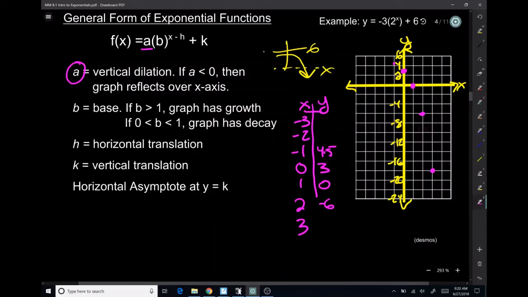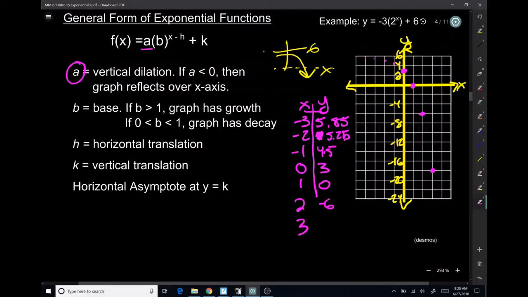So here's negative 1, 4.5. These are just going to keep getting closer and closer to 6. I think this is, okay, so negative 2, 5.75, 5.25. This is going to be something like 5.85. I'm not totally sure.